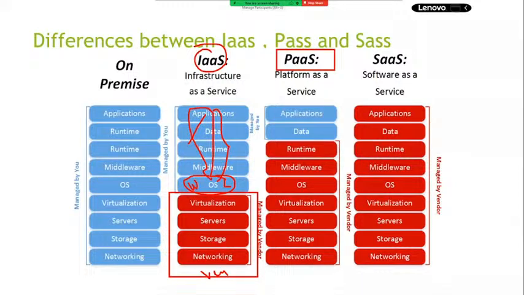Next, Platform as a Service. In the sense I said, right, runtime and the platform they have provided. You just have to take care of your application. You need not bother about what type of application you are going to host. If we have Java, yes, a ready-made Java environment is there.